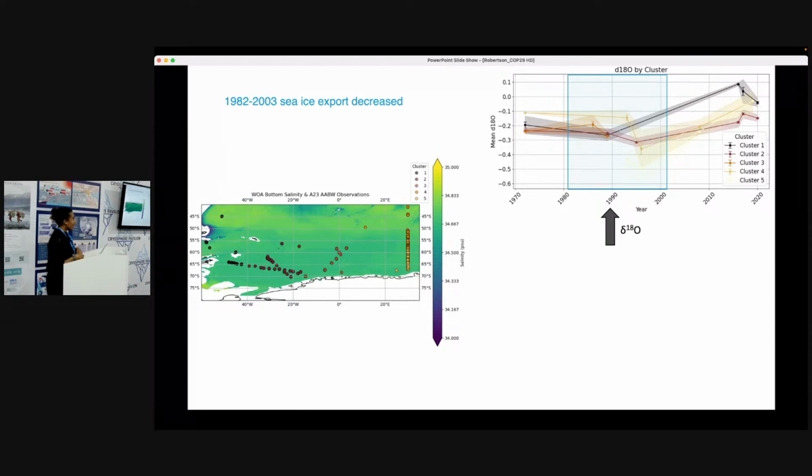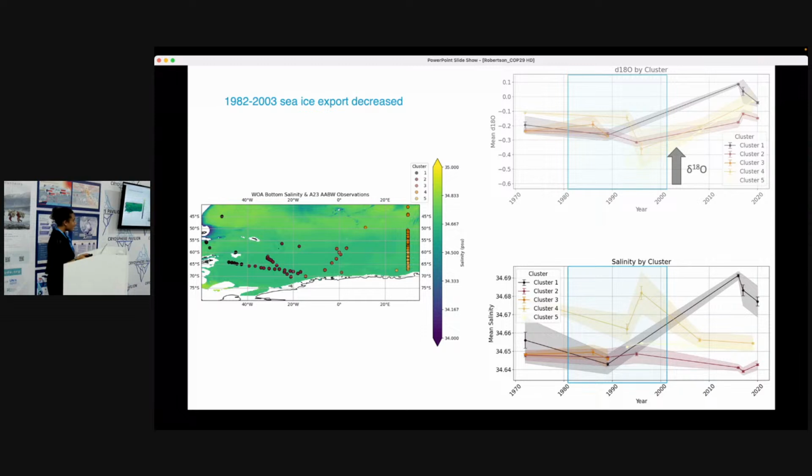If we had expected that glacial melt was driving these processes, we would actually expect the arrow to be pointing downward and that you would see a decrease in this delta 18O in the seawater isotope signal.